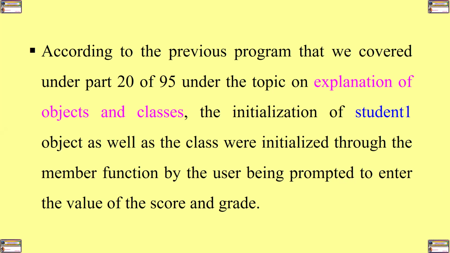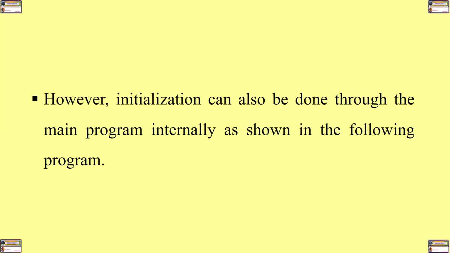But of course, we are also going to see and work on initialization in this presentation. Initialization can also be done through the main program internally, as shown in the following program. In other words, there are two methods that you can use to initialize the members of a class.